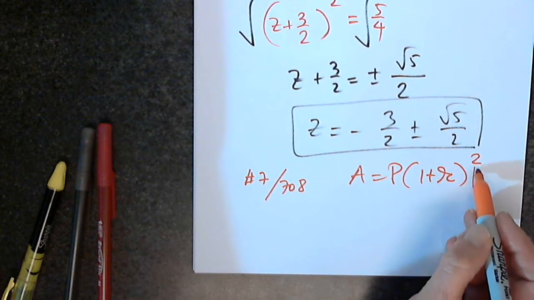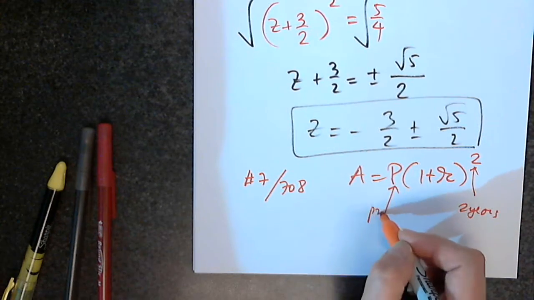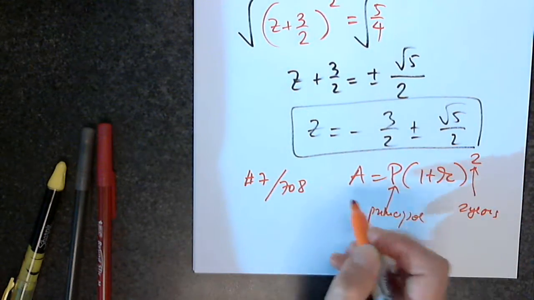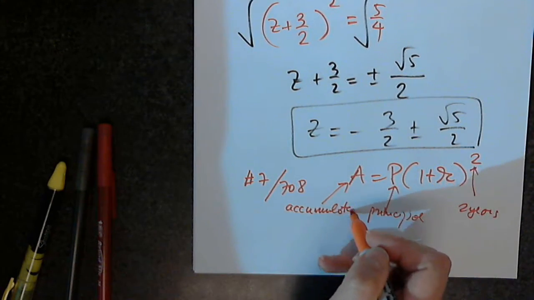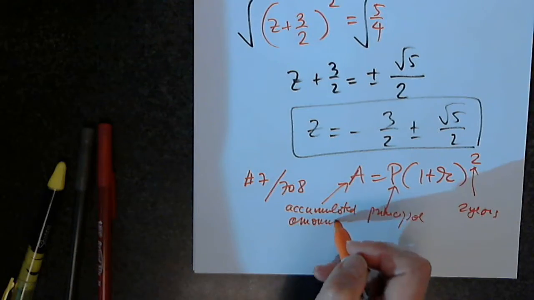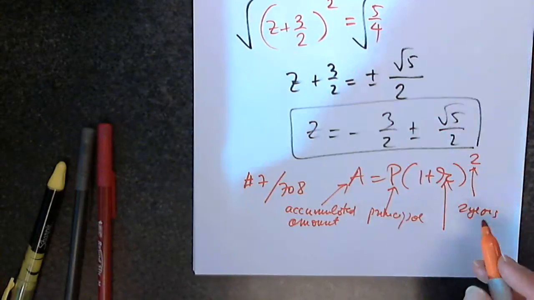So this is the 2 years. This is the principal. This is the accumulated amount. And R is the interest rate, annual interest rate.